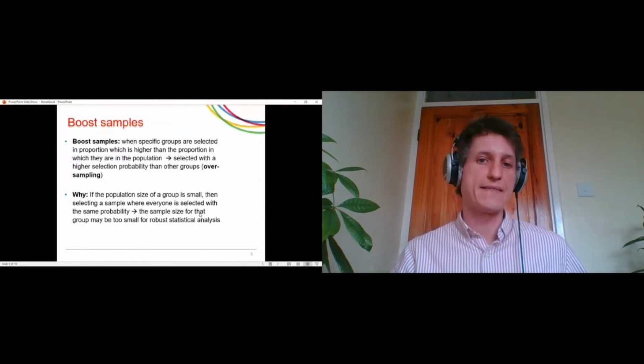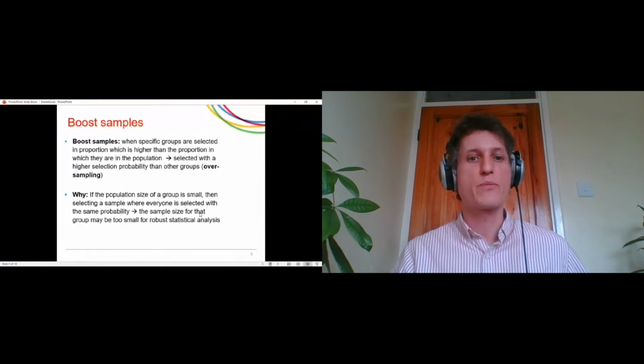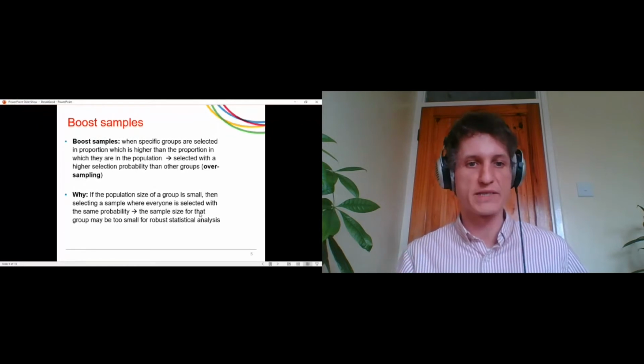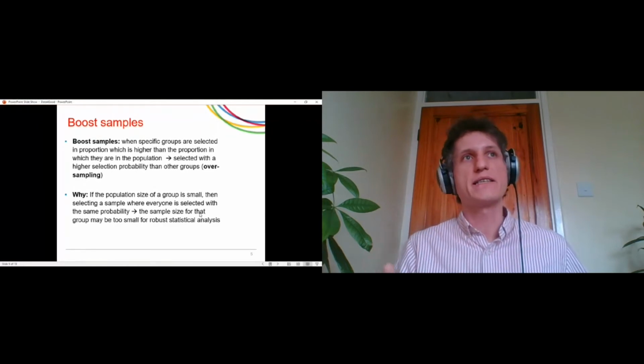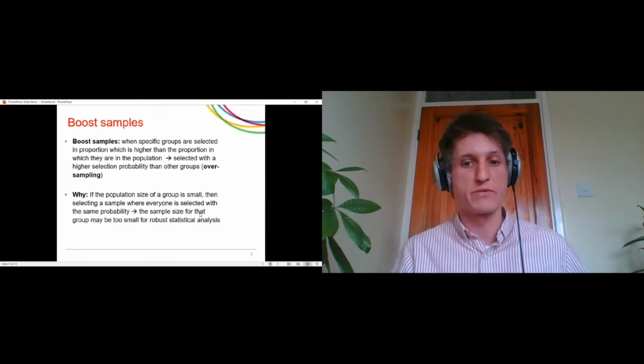So what can be done is selecting people from such groups in a proportion which is higher than the proportion that they make in the population. This is called oversampling. And in this way, instead of 400 people, you can get 2,000 people, for example.